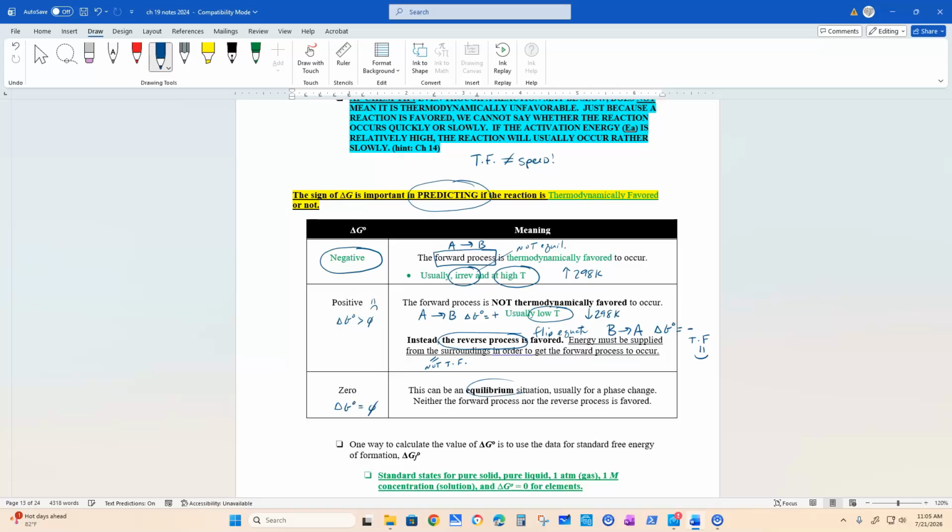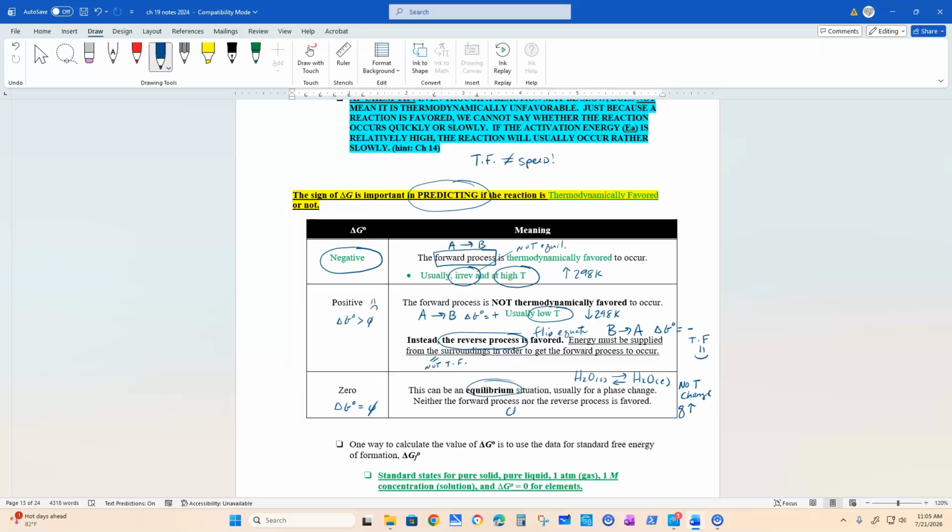Okay, that means you're at equilibrium. Usually it's a phase change. So maybe you have like water going to a solid, going to a liquid at equilibrium. So remember, when you're at equilibrium, you have no temperature change, but you do have heat increasing, okay?